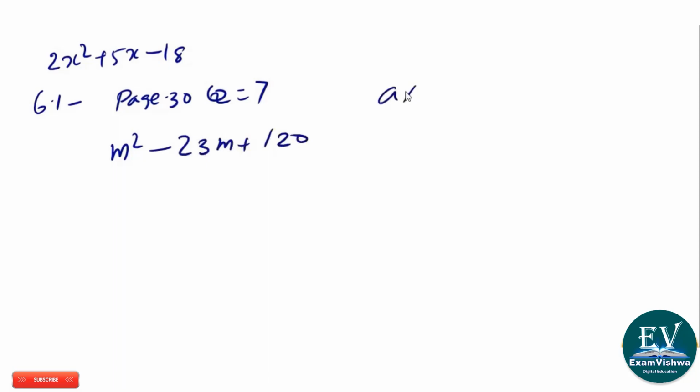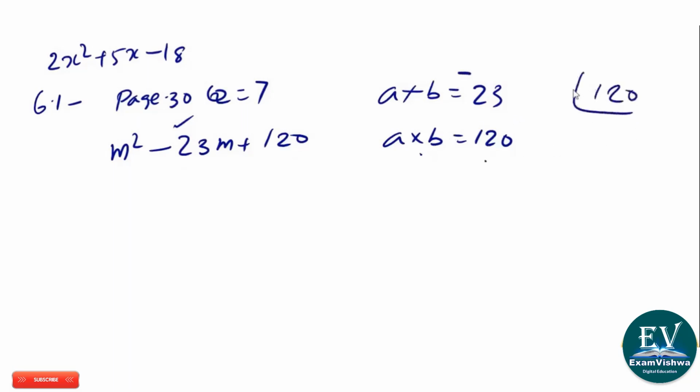We know that a plus b must be 23 and a into b must be 120. But here 23, just like the earlier case, is negative. Addition should give negative 23. Product 120. Factorization of 120 is like this.